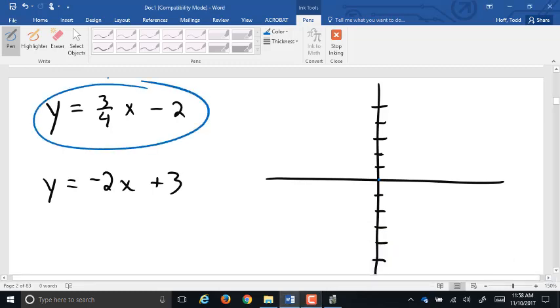So the top one here, where are we going to start? At -2. Very good. That number that's added or subtracted. From there, where do we go? Up 3 over 4 to the right. Very good.